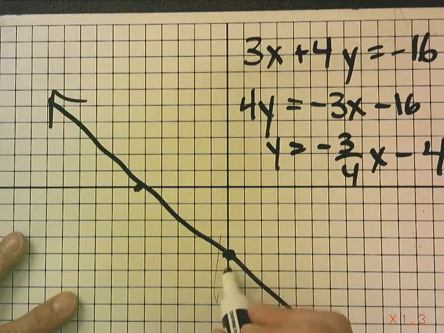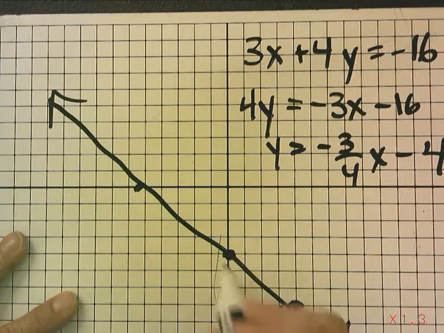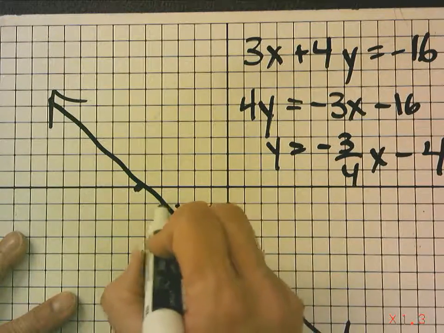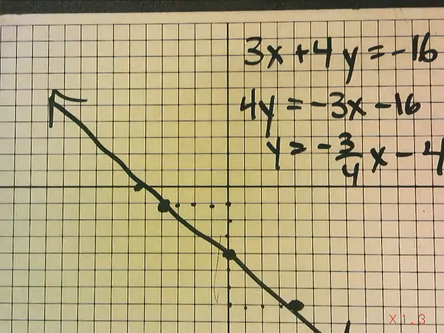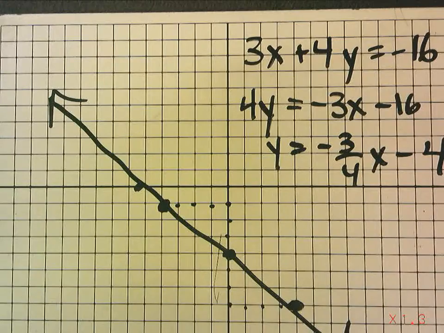And I go down 3 over 1, 2, 3, 4. Or I can go up 3 over 1, 2, 3, 4. And it looks like, my line's not straight, but it looks like I graphed it correctly. So we just reviewed how to graph from slope-intercept form and from standard form.